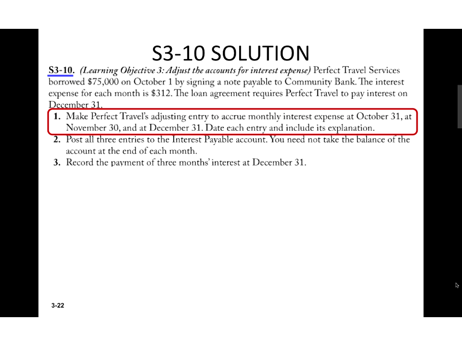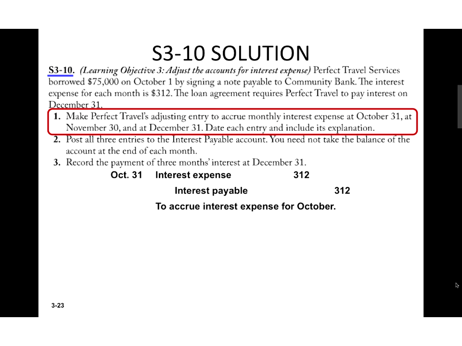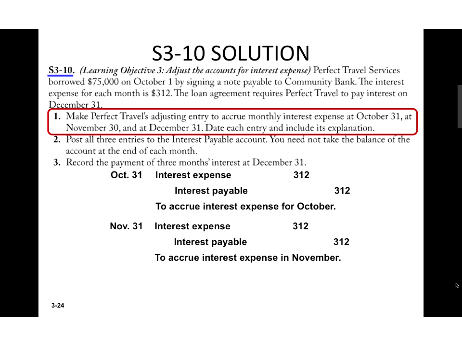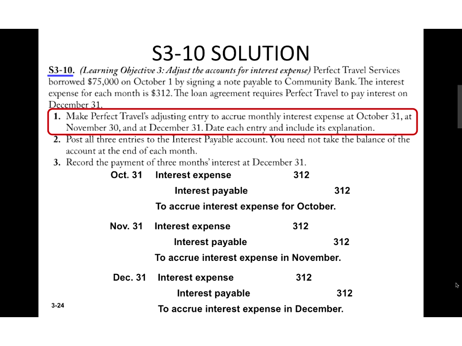So what we're going to see at the end of October is we're going to debit interest expense and credit interest payable. This is an accrual adjusting entry. And then we're going to make that same entry in November and December.